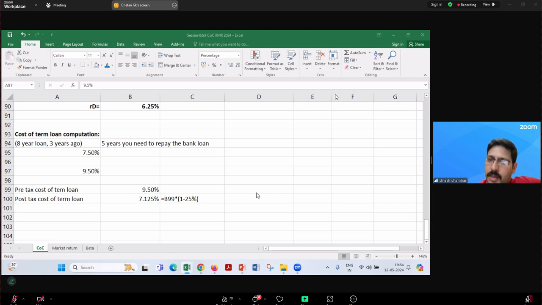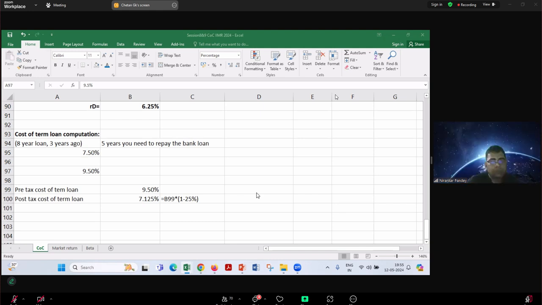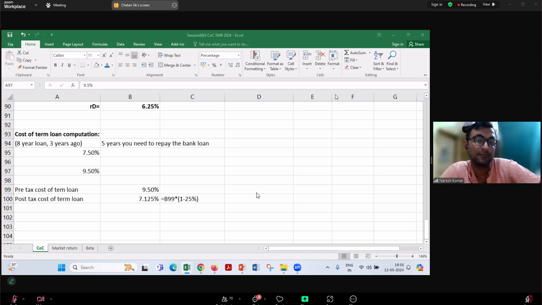Hence, we keep it as one minus the tax rate. So 9.5 into 75%. Basically, whatever the taxation amount gets subtracted from the calculated amount, means one minus the tax rate. Yes, sir. Is it clear so far? Yes, sir.